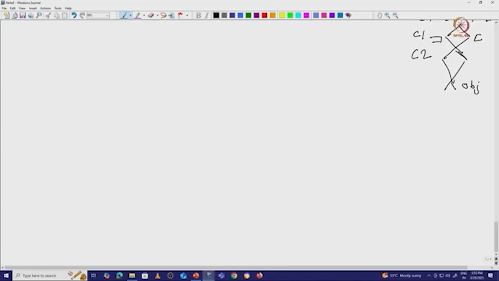If this is our C1 lens, it regulates how many electrons go to the C2 lens, and then how many electrons go towards my objective lens. So let us consider that there is a C1 lens and a C2 lens.